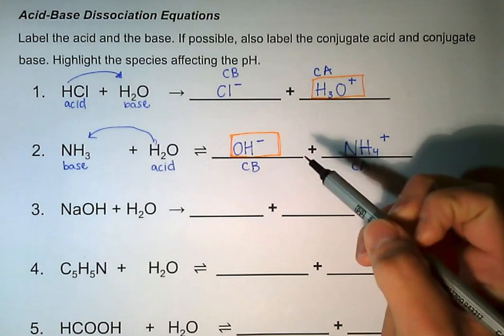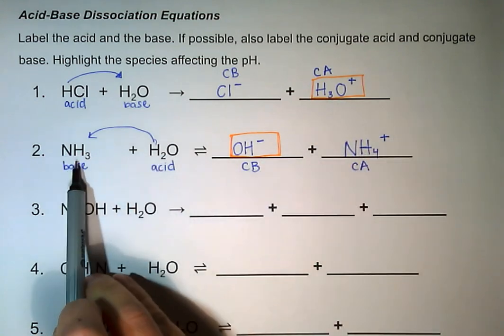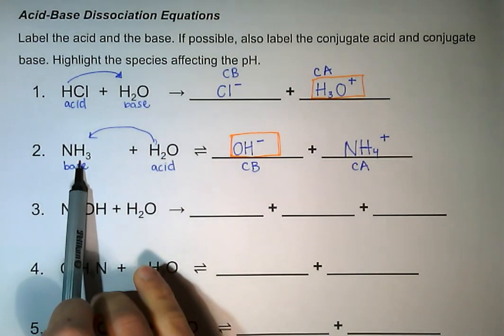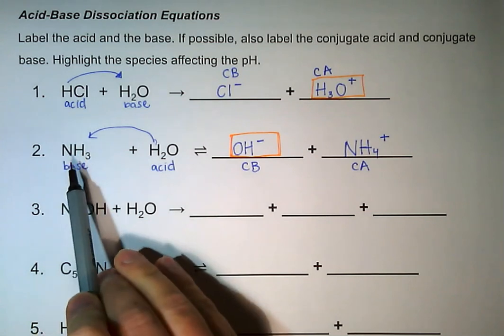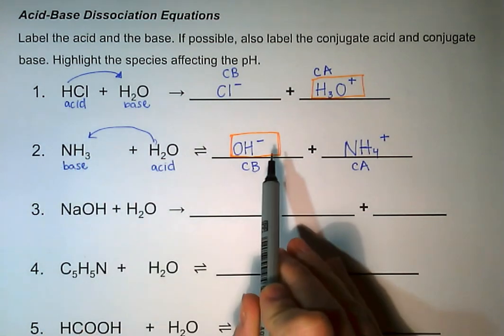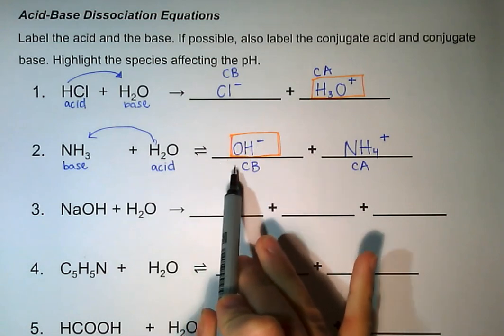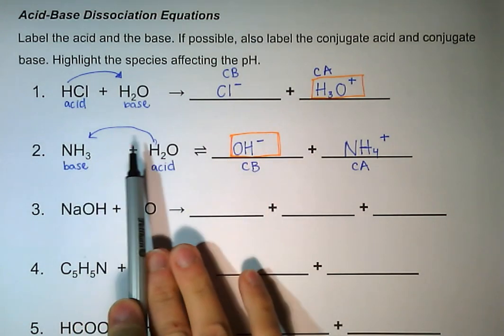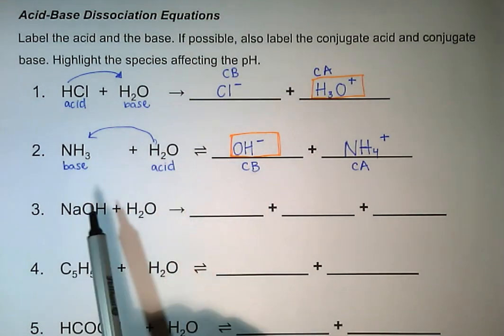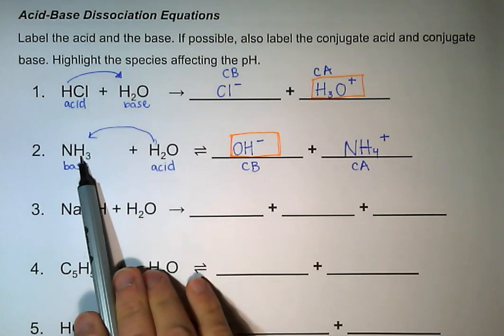It contributes to the overall pH of our solution. And I just want to draw your attention to the fact that although NH3 doesn't look like a base at first, it doesn't have an OH in it, this OH minus that's produced through the reaction of NH3 and water is the reason that NH3 does behave as a base.